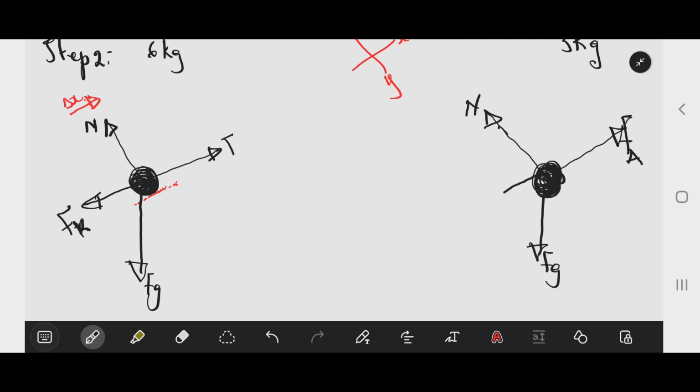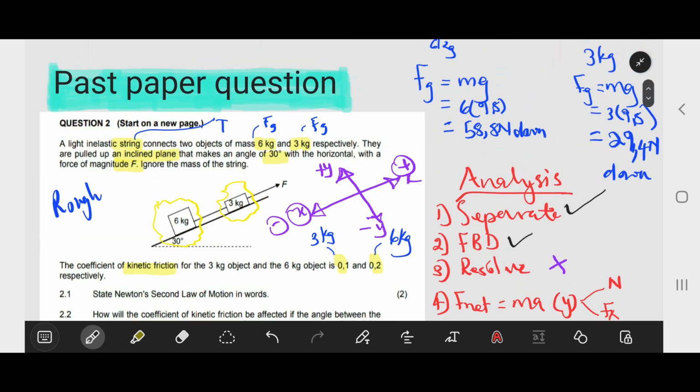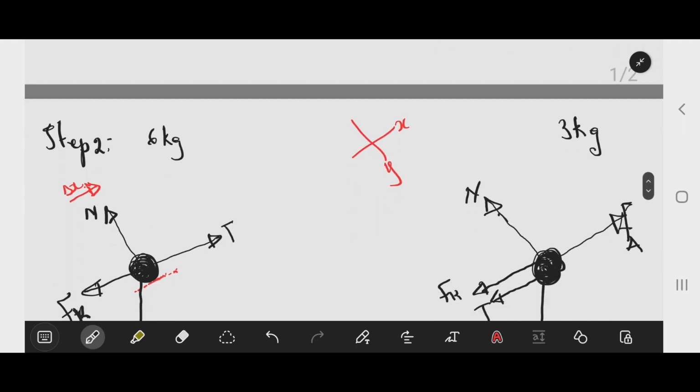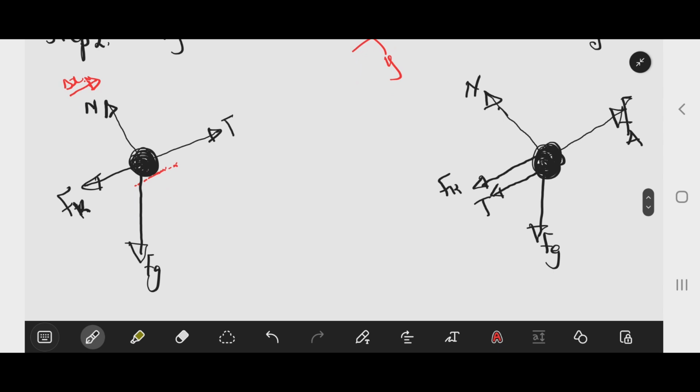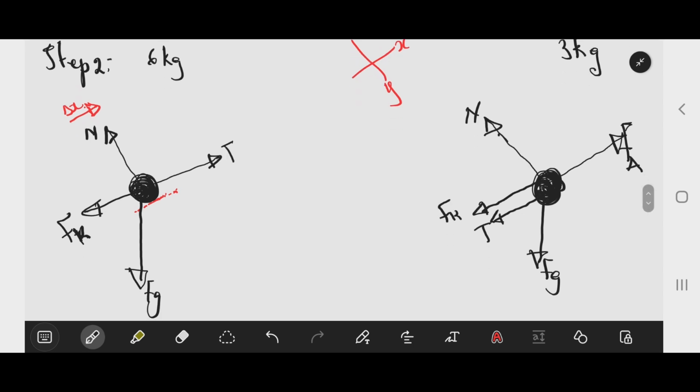And I have my friction, which is down the incline, and I also have the tension, which is pulling back the object, okay? Because the tension is pulling up this 6 kg, but it is pulling down the 3 kg, right? And the magnitude of that tension is equal. All right, so these are the free body diagrams for the 6 kg and the 3 kg.